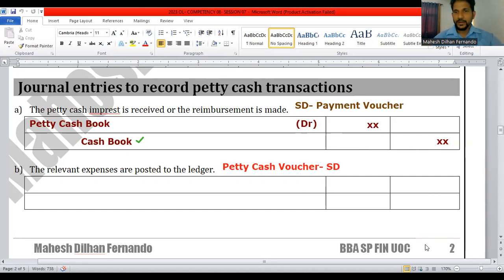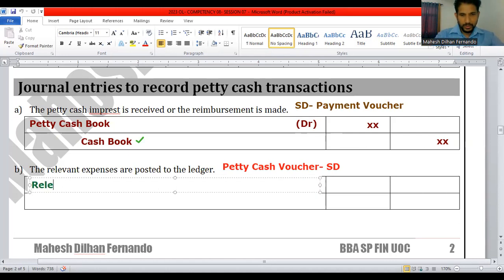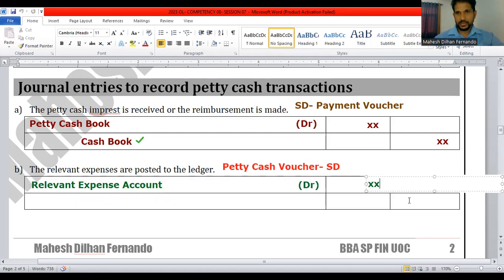Okay, and then when the relevant expenses are posted to the ledger, we use this double entry, the transfer entry: relevant expense account debit, and petty cash book credit.